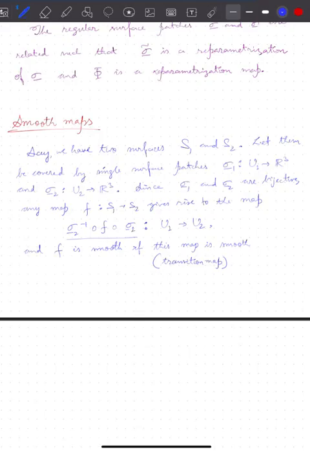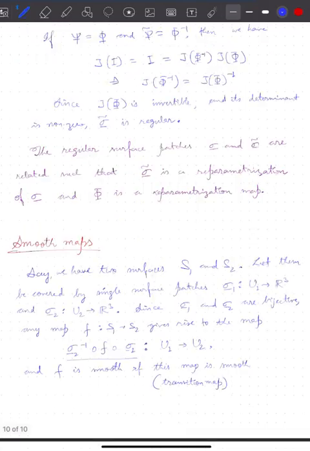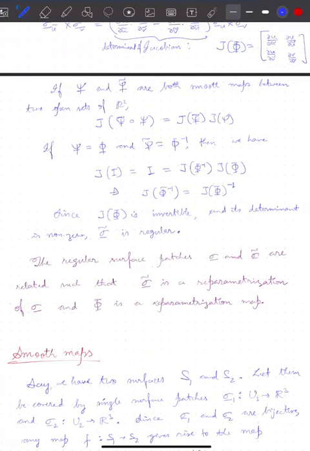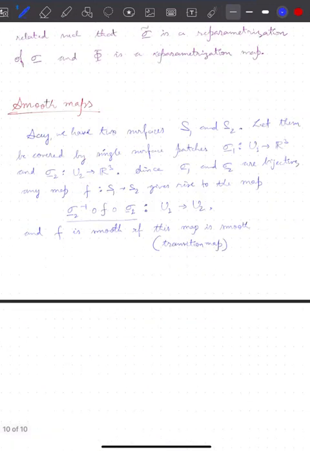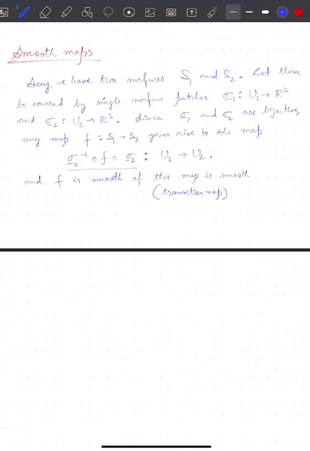But in the special case, if you can map from the domain of one surface to the domain of another surface, as if they are related by some sort of a transition map, then even the resulting map from one surface to another is also going to be smooth, since the transition map, as we have known from the previous discussion, is a smooth reparameterization map, and therefore this is also smooth. So we'll keep it at that, right?